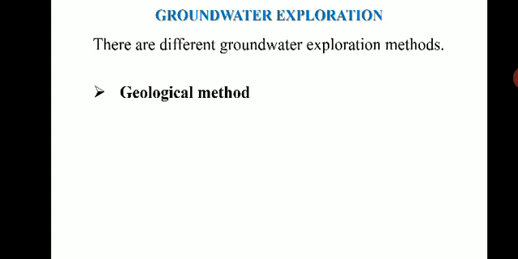A geological investigation begins with the collection, analysis and hydrological interpretation of the existing topographic maps. We will already have the topographic maps of the areas, and studying that information will help us to know the groundwater conditions in the particular area. Even the aerial photographs or satellite images, geological maps, different logs and other records help us to know the groundwater availability.